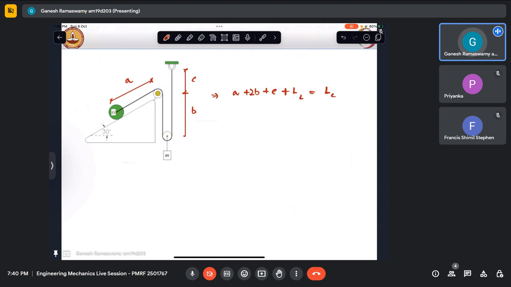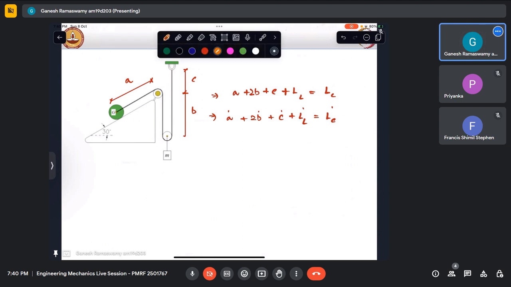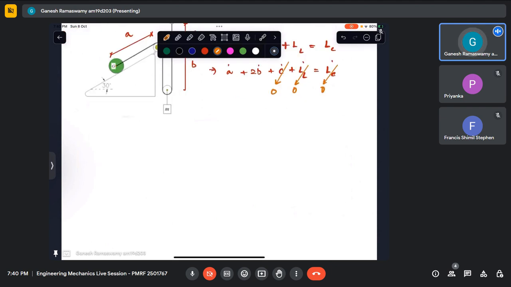So taking the time derivative, what will this give me? A dot plus 2B dot plus C dot plus LL dot equaling LC dot, where these quantities are 0. So what does this give us? A dot is minus 2B dot.